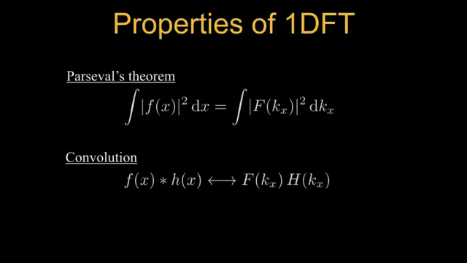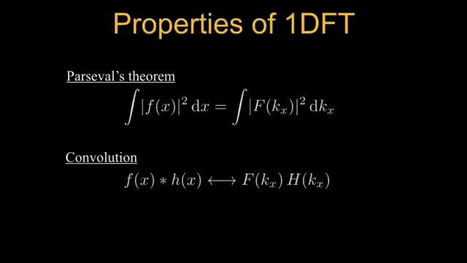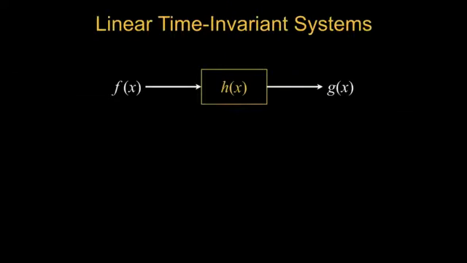Therefore, you can transform first to one domain or the other to take advantage of convolution or multiplication. And based on this property, there's a whole field of analysis that deals with system characterization based on linear time invariance. And I'll go into that right now.